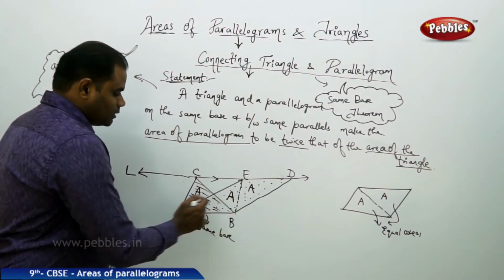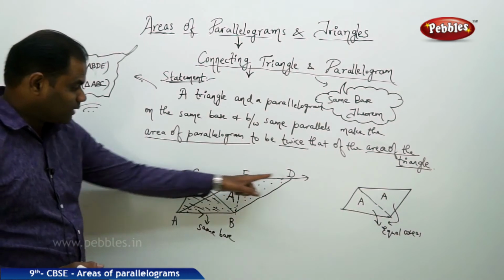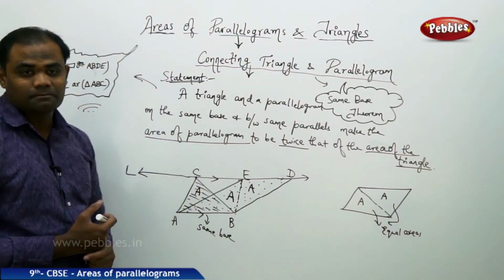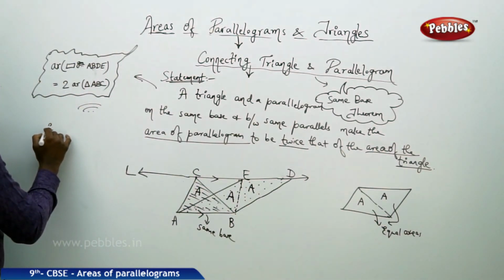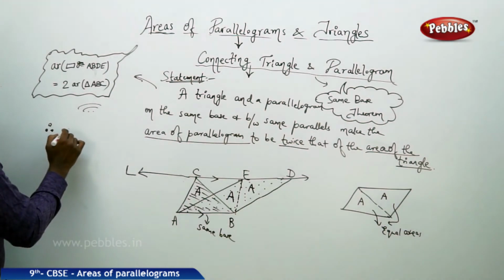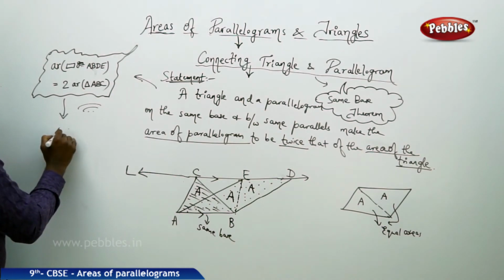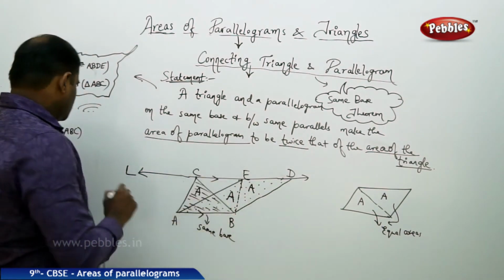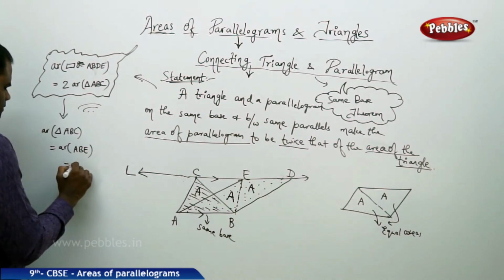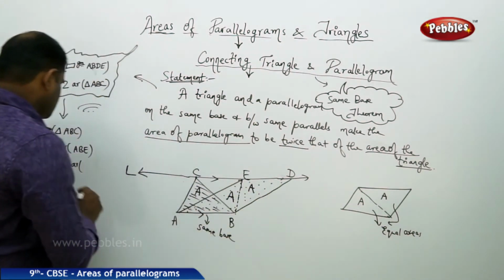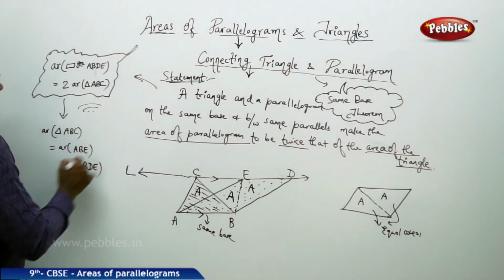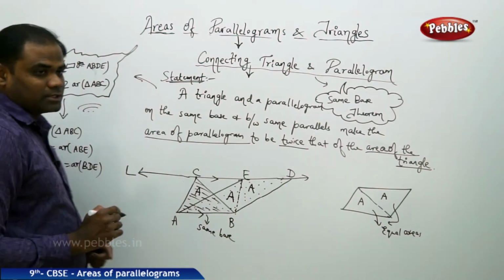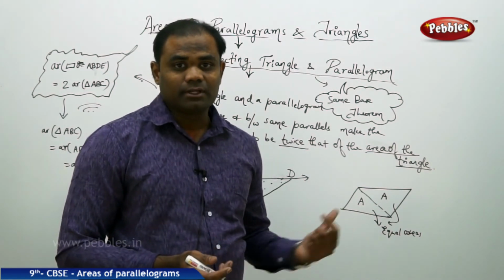So the area of the parallelogram is twice the area of the triangle, which we get when each of the areas is equal. Therefore, the area of triangle ABC is equal to the area of triangle ABE, which is equal to the area of triangle BDE. All three areas are equal.